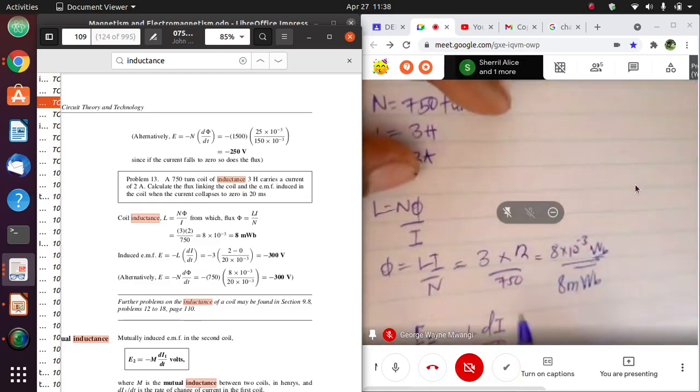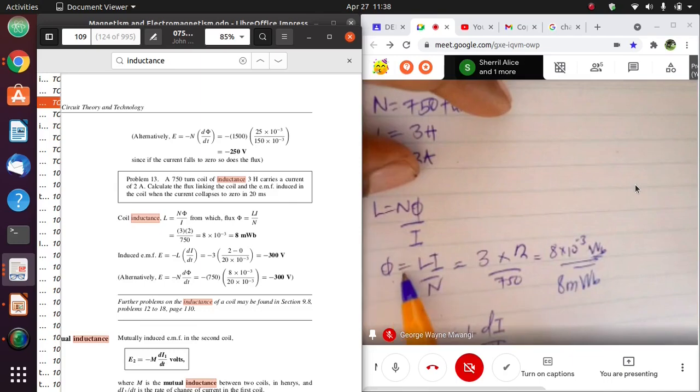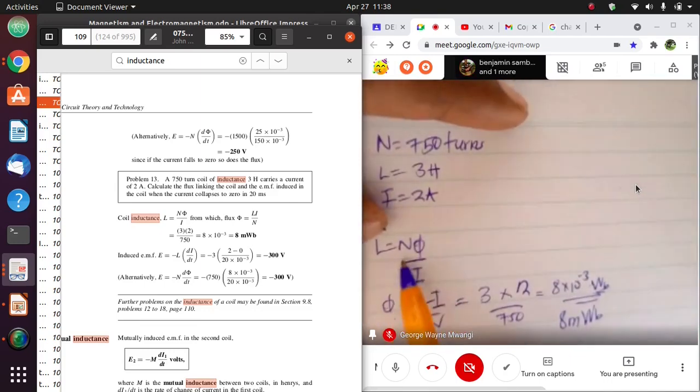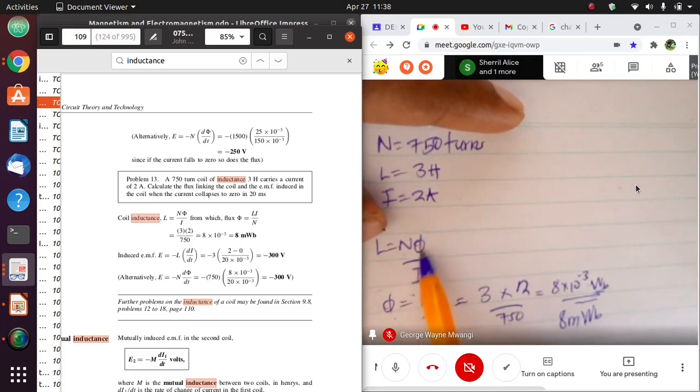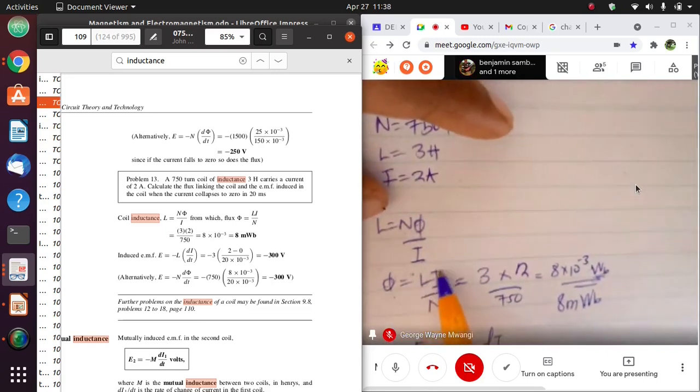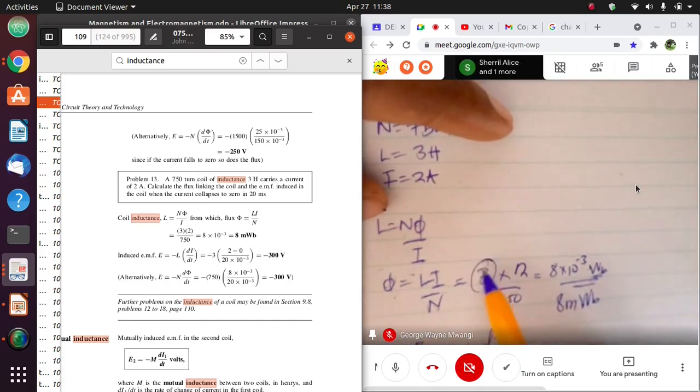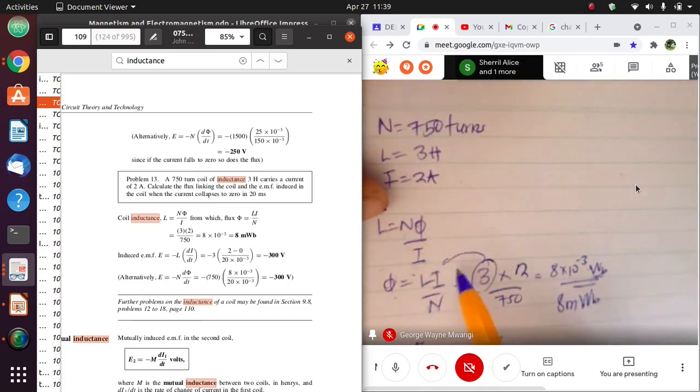Yes, 8. Remember that we get the inductance as the number of turns times the flux divided by the current. Now, if you make the flux the subject, then it is the inductance times the current divided by the number of turns. We have the value of inductance as 3 Henry, and we have the value of current as 2.